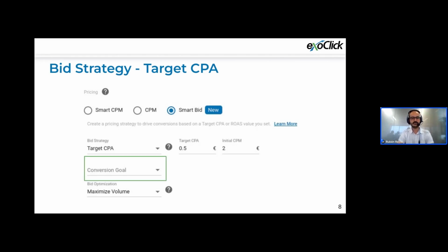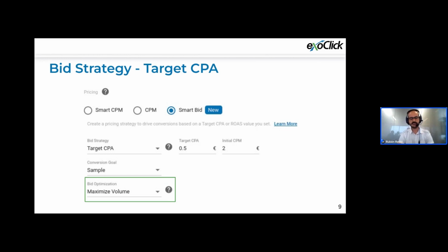Once you have determined these bids, you, of course, need to specify the target conversion that you want to track the results. And after that, you need to choose the bid optimization. So right now we have two types of optimization: a maximize volume optimization or a maximize target CPA or target ROAS optimization.